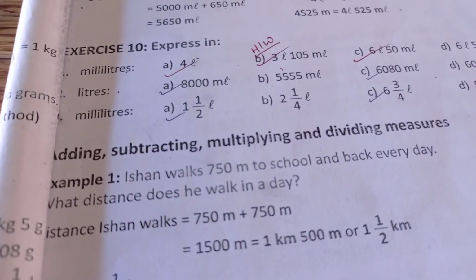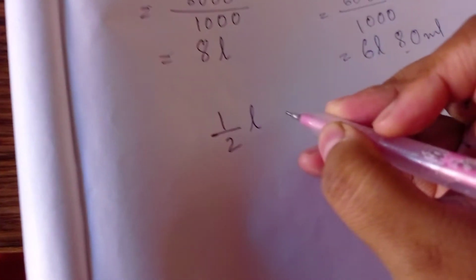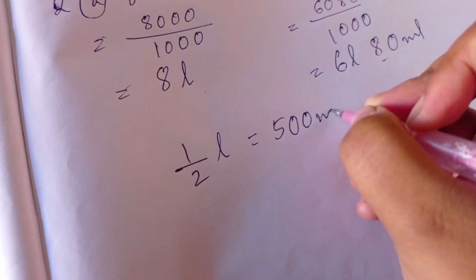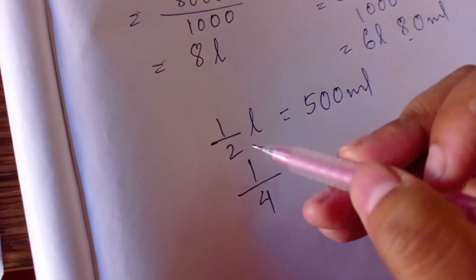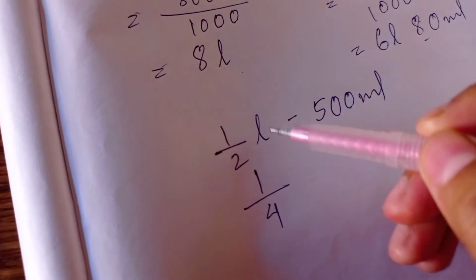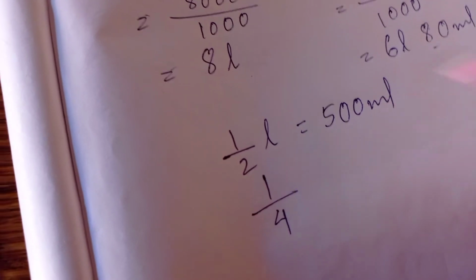There are other relations also you must know. Half liter is equal to 500 ml. How do we get this? It's very simple. 1 by 2 into 1 liter means 1000, so when you divide 1000 by 2 you will get 500 ml.